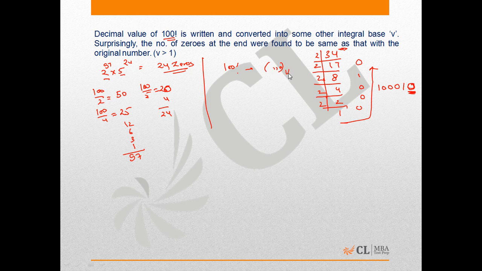So the value of v should be such that it is a factor of 100 factorial, right? That gives you the number of zeros at the end, and the value of v should be such that you will get exactly 24 zeros at the end. That means the highest power in v of any prime number should be at most 24.